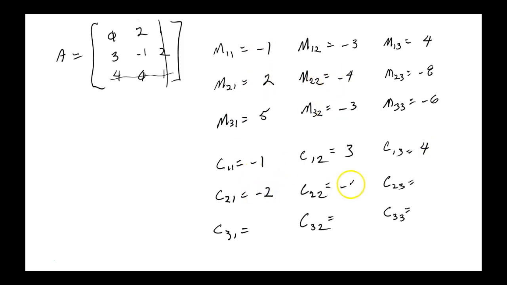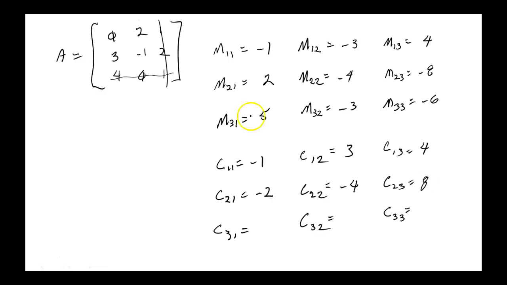The positive of negative 4 is negative 4. The minus of negative 8 would be 8. The plus of 5 would be 5. The minus of negative 3 would be 3. And the positive of negative 6 would be negative 6. So that's all you do. It's just adjusting signs.